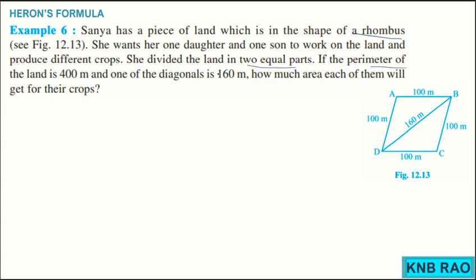If the perimeter of the land is 400 meter, that means each side is 100 meter, and one of its diagonals is 160 meter. How much area will each of them get for their crops? So one part is given to the son, another is given to the daughter.